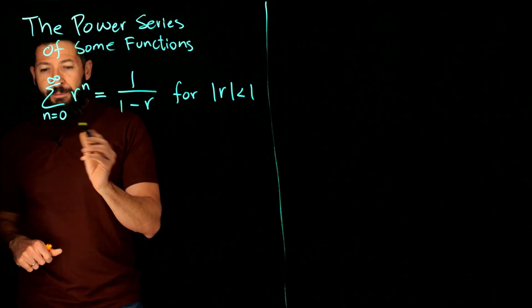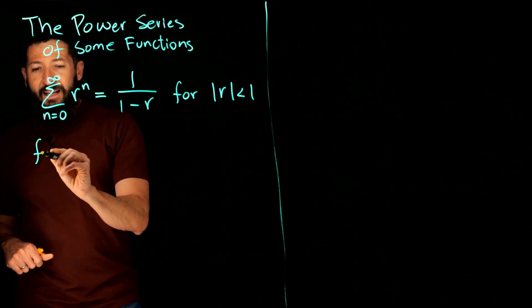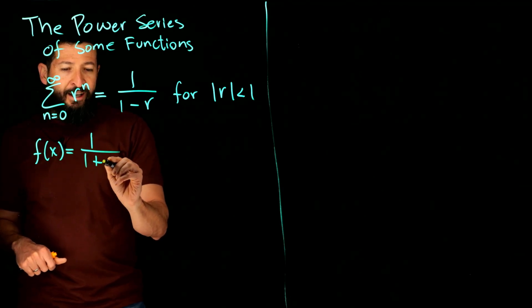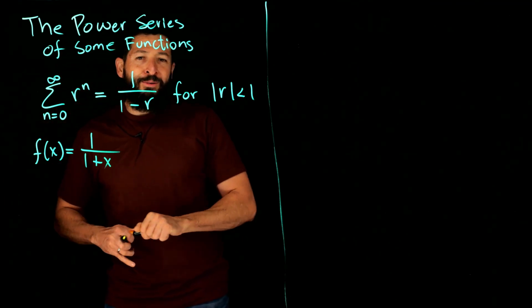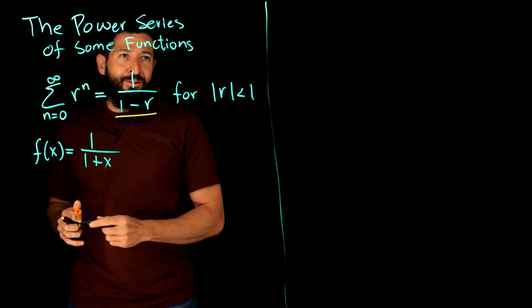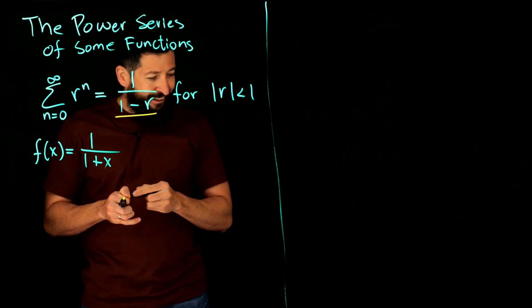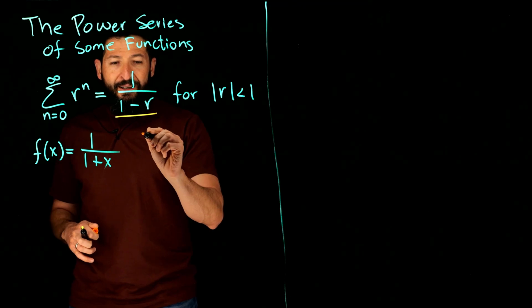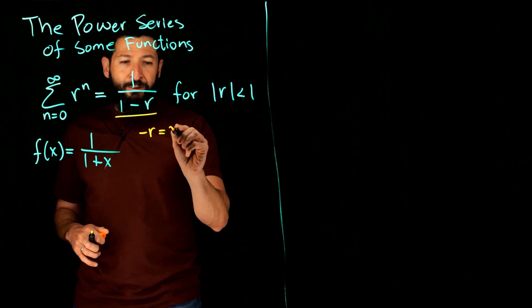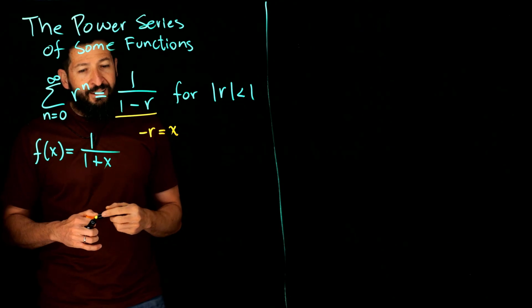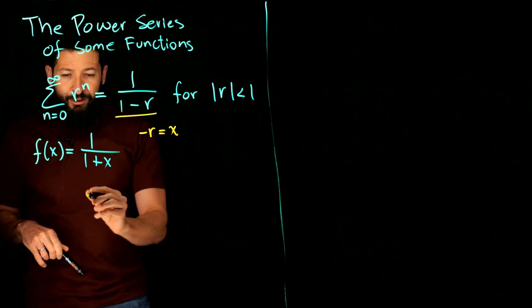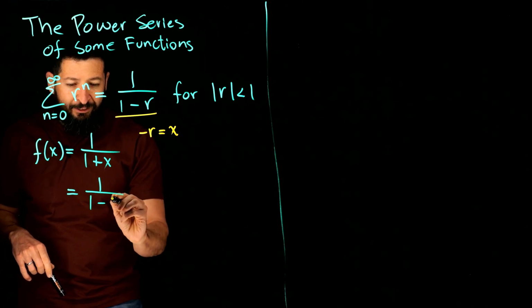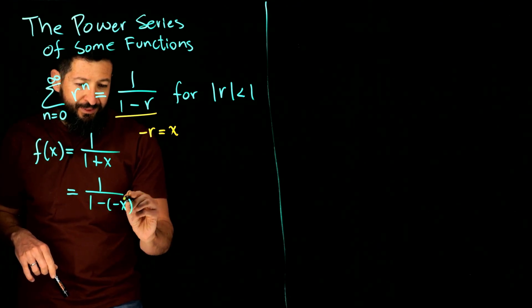So first, let's say that f of x is going to be equal to something simple, 1 over 1 plus x. So we almost have this function, but we have a plus instead of a minus. But if you think about it, if we wanted that negative r to be equal to x, what that tells us is that r is equal to negative x. So what I can do is write it in the form 1 over 1 minus negative x.